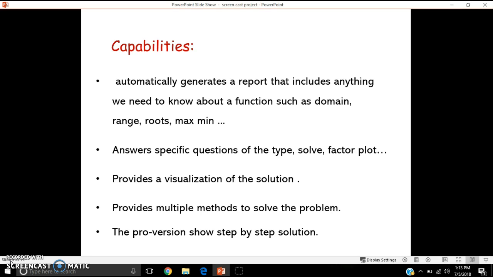Another powerful tool about Wolfram Alpha is that it automatically generates a graphic visualization of the solution. Also, the Pro version provides a step-by-step solution that includes multiple methods to solve the problem.